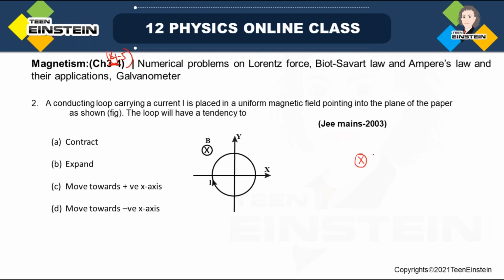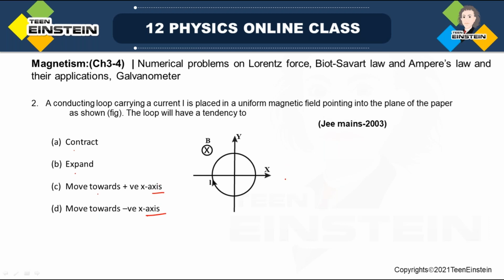It means the magnetic field is getting into the plane of the paper. Now see, the question is the loop will have a tendency to contract, expand, move towards positive x-axis, move towards negative x-axis, or what?